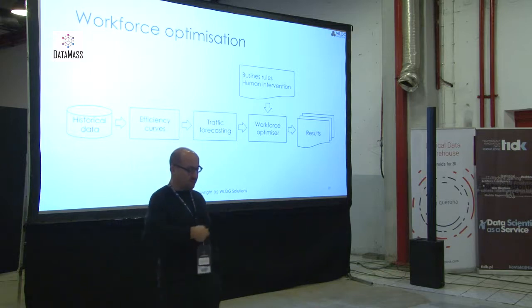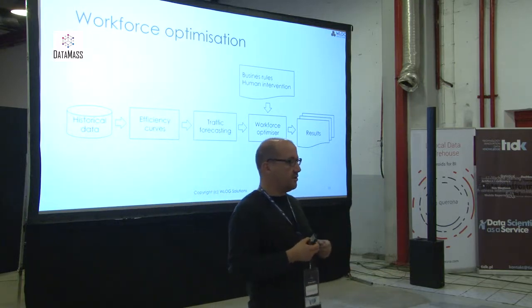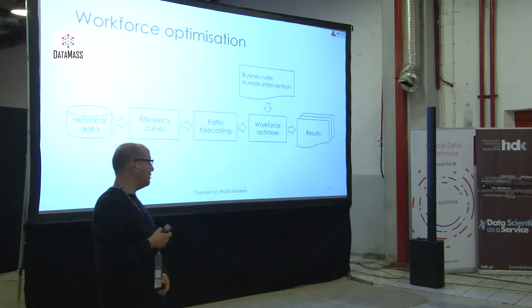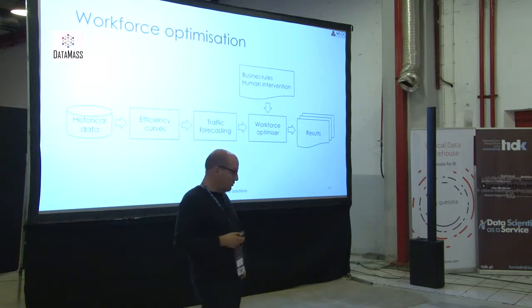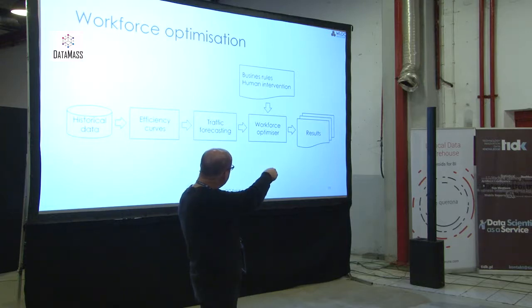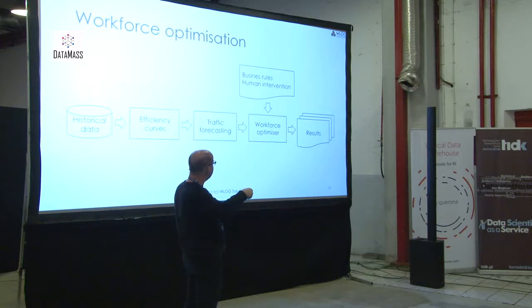Traffic is when you enter each store, you are measured, so we had to measure the traffic of incoming customers. And the last was a decision module that took everything, including business rules and human intervention, because a human can always say something to change the result.